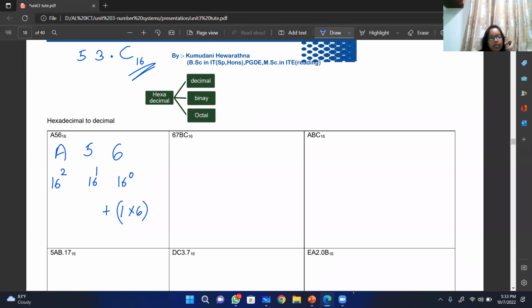Here, 16 to the power 1 is 16, that is 1 into 5. 16 into 2, 256. 256 into how much? 10, because the value of A is 10.